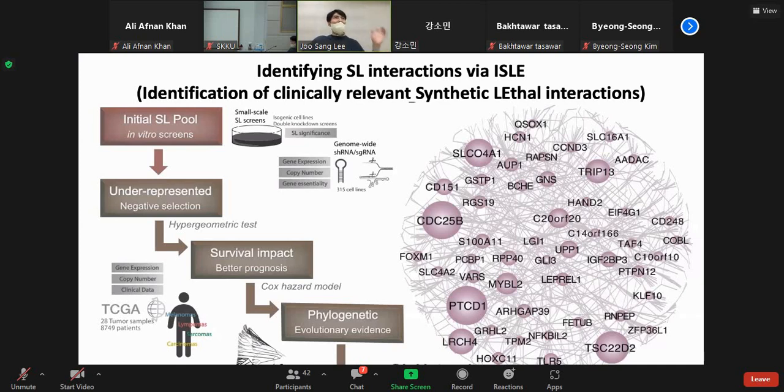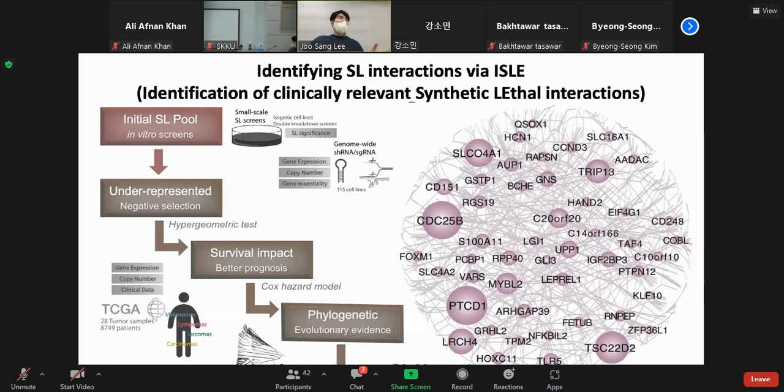We mined the literature, we performed a literature search, and we identified 20 or 30 different papers published over the last 10 to 20 years, and we manually collected all the synthetic lethal pairs that have been identified in these studies.